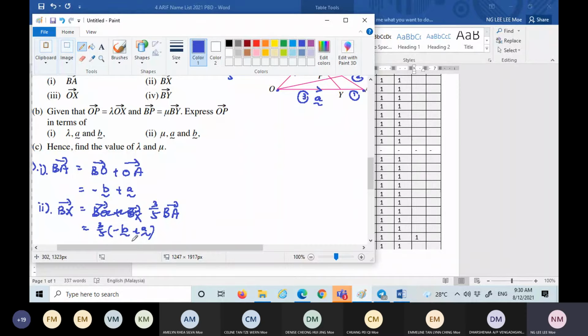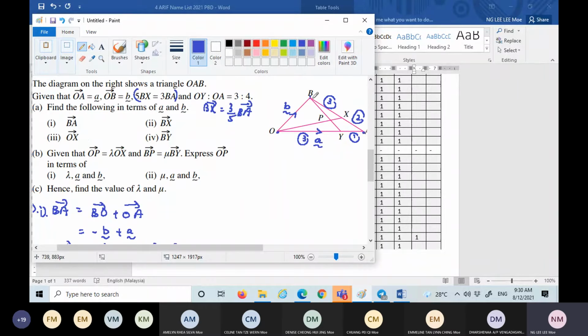Compared to just now, your suggestions were that you all want to use maybe BO, OA, and then AX. No problem actually, you will still get the same answer. But the more you do, the higher the chances of making a careless mistake. So we continue with part 3.